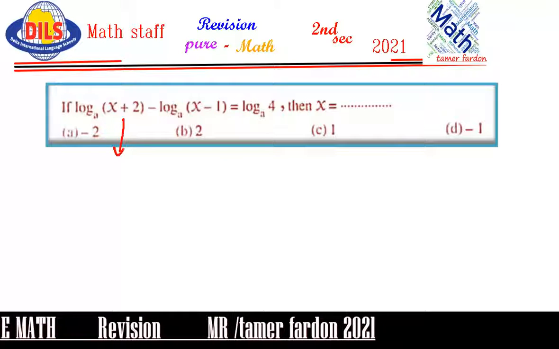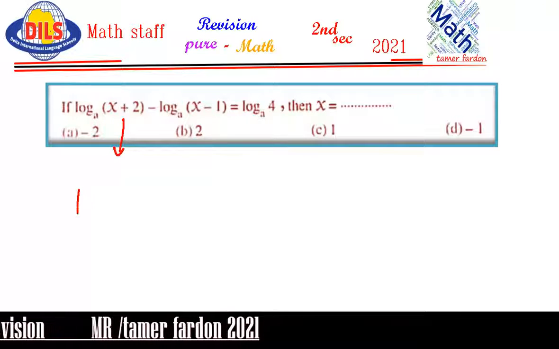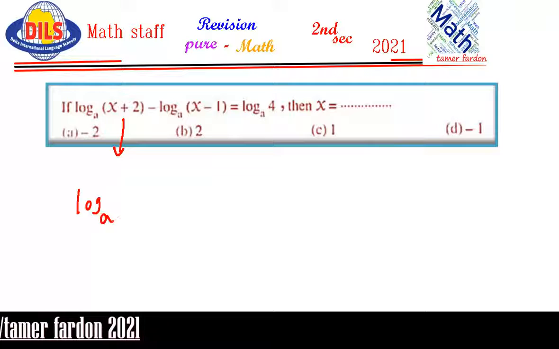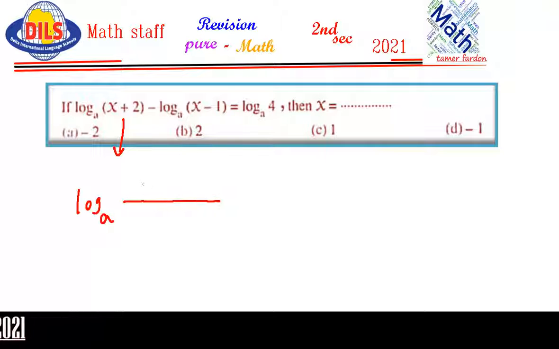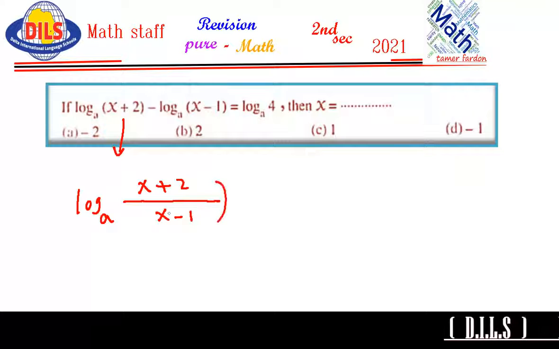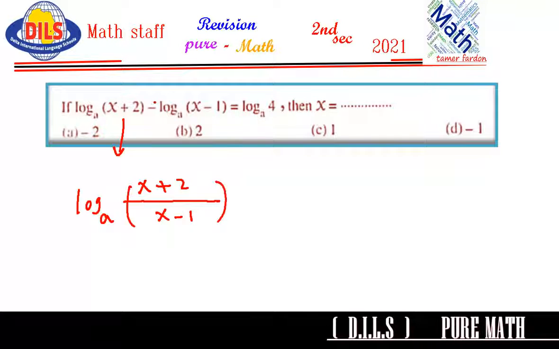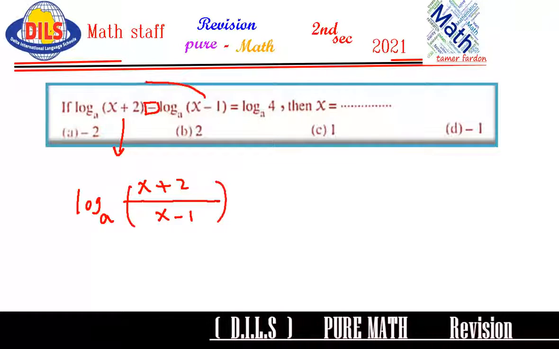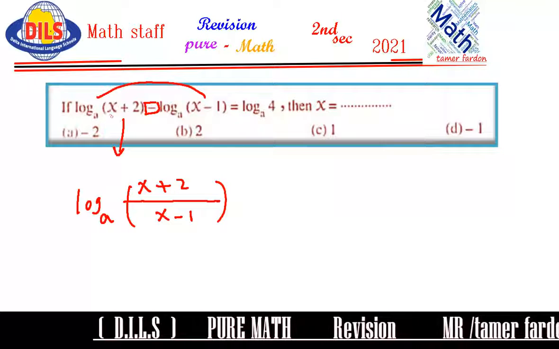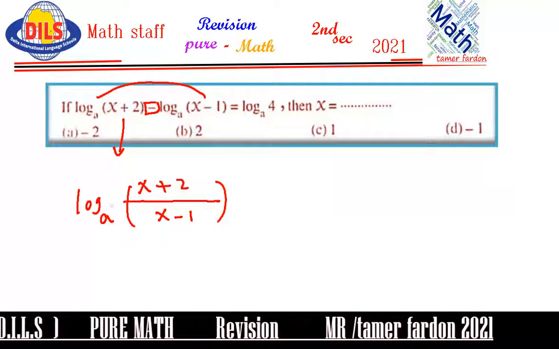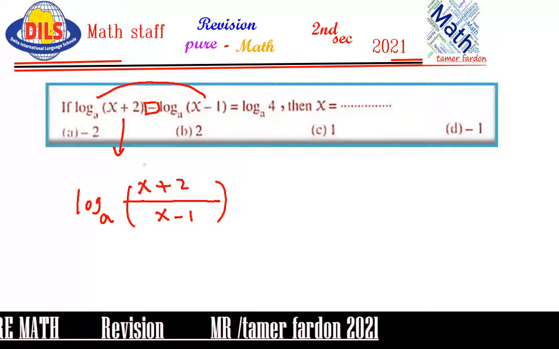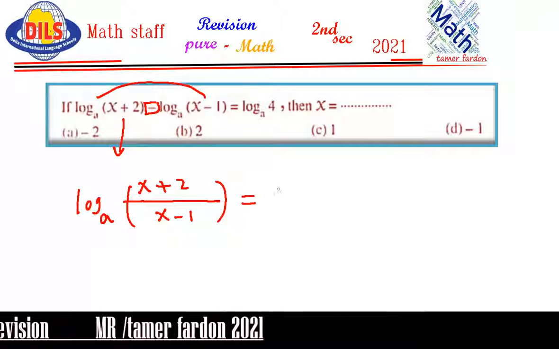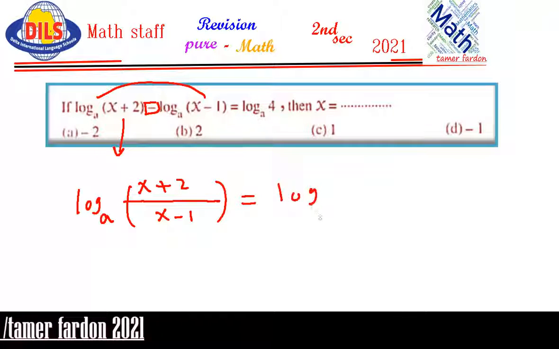The left side we can write as log a for x plus 2 over x minus 1. Convert the difference between the two logarithms to the quotient, log of the quotient of the two numbers. This equals log a of 4.